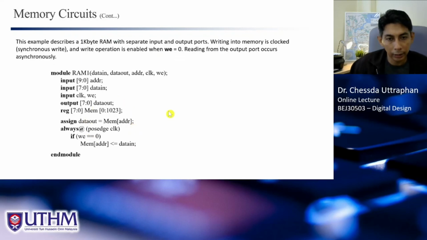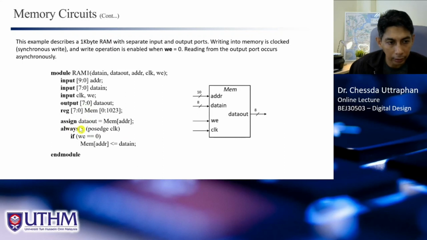And to create the circuit, this is how. Data out here is equal to MEM square bracket address. So this address can be any number, right? From 0 to 1023, right? So this is data out. And here we use always @(posedge clock). So this is posedge.